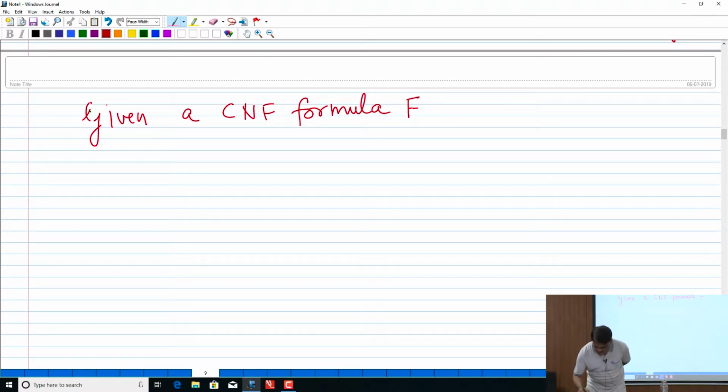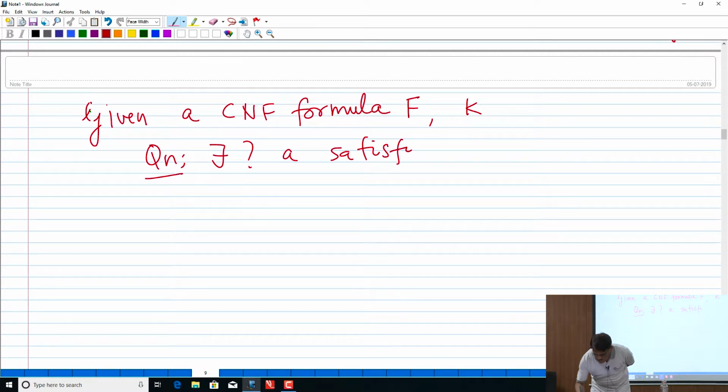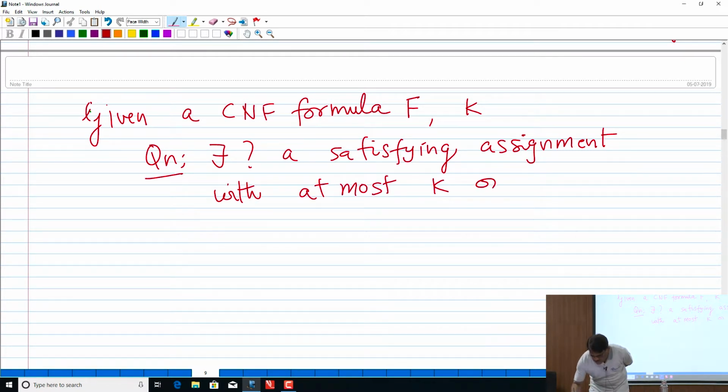Given a CNF formula F and an integer k, the question is, does there exist a satisfying assignment with at most k ones? We saw this problem yesterday actually. Remember this problem? We looked at it in the context of branching algorithm.